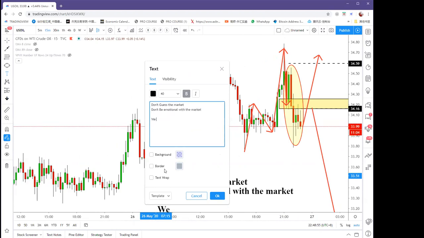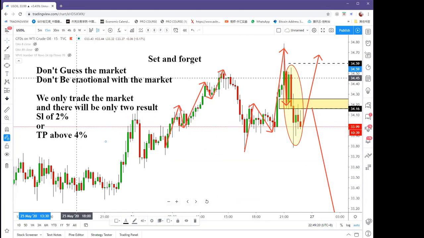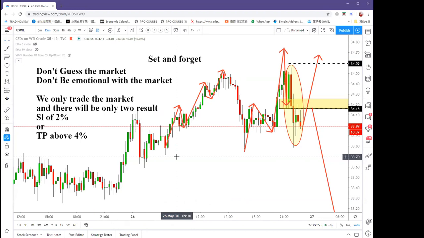We only trade the market, and there will be only two results: either a stop loss of 2% or a take profit above 4%. That's it. We are soldiers. We make our decision to pull our trigger.